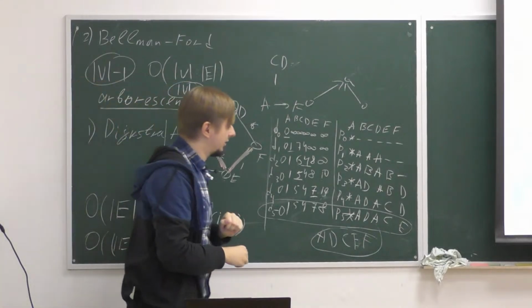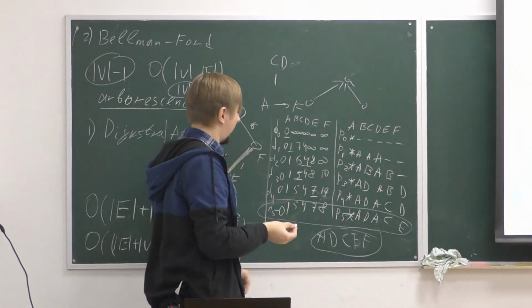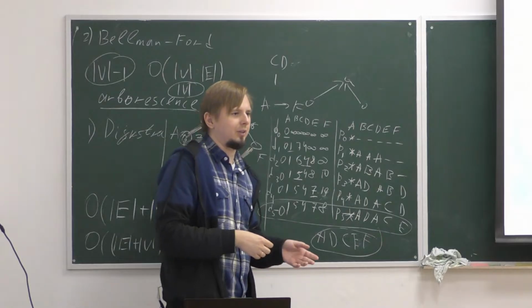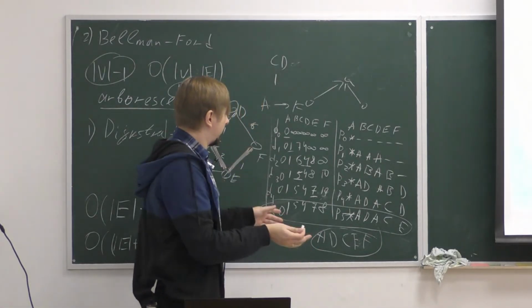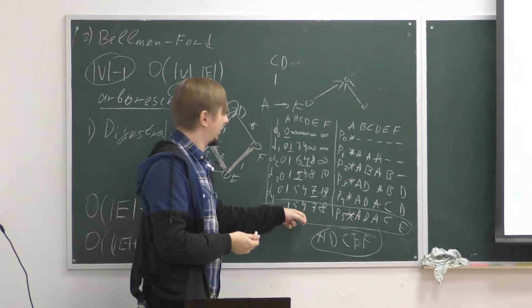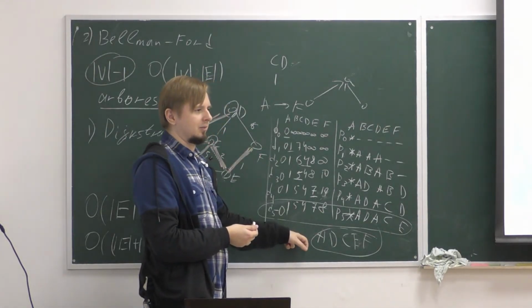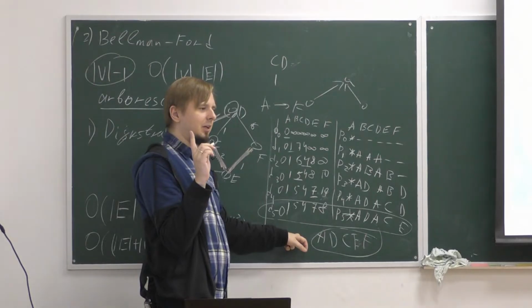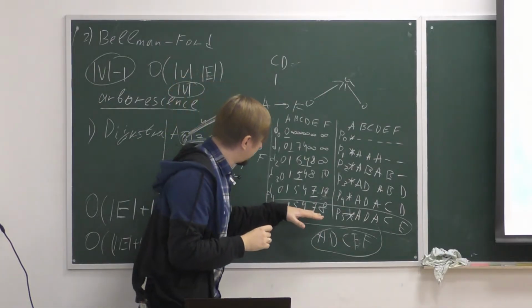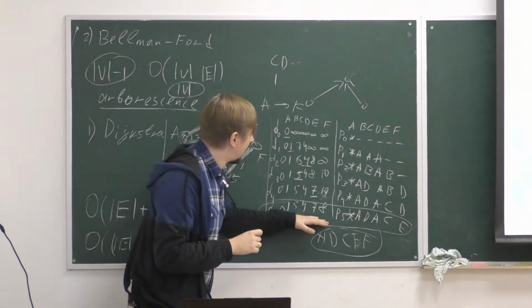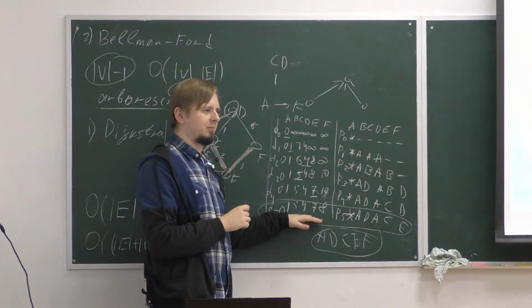What can we see here? If our graph is good, if there is a shortest path, we will have the same values here and here. But if we have a graph with a negative cycle, we will see that in this case something should change.